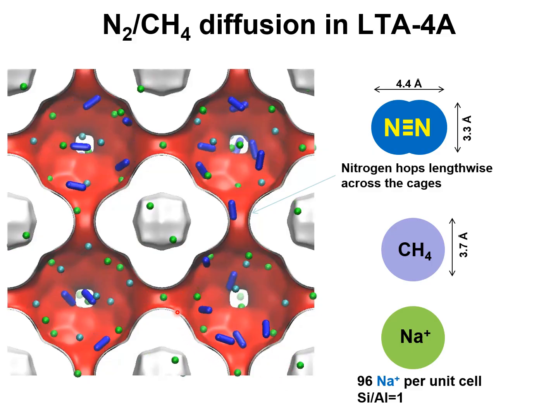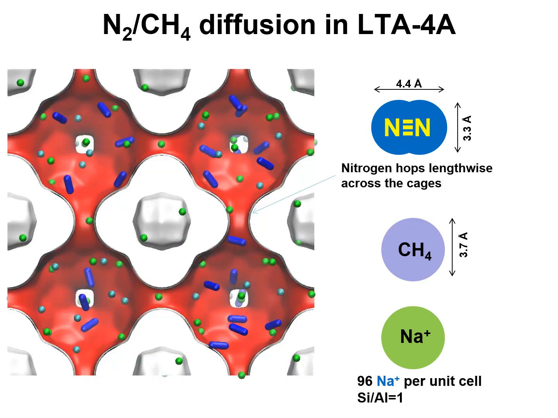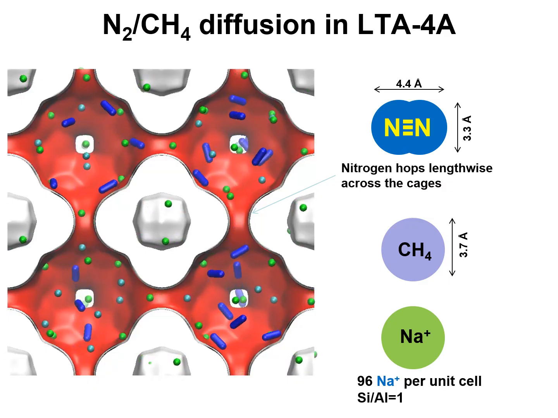If you want to see the goalkeeper sodium cations in action, look at this window. And for the duration of this animation, the methane molecule is unable to cross the window because the animation is only run for a short period of time. Let us have a look.